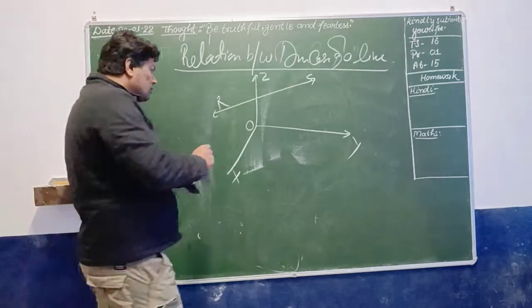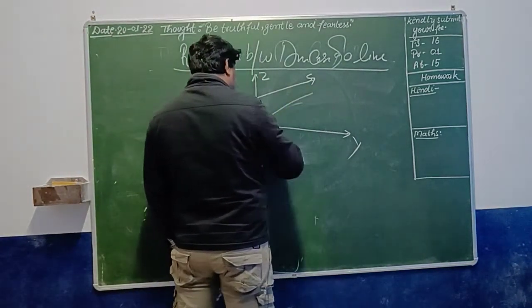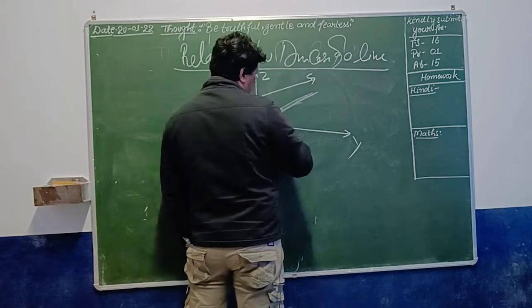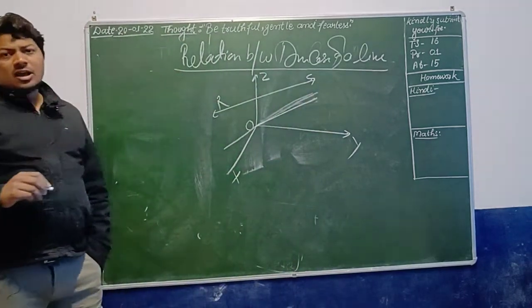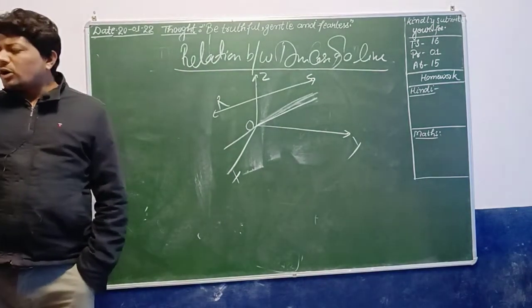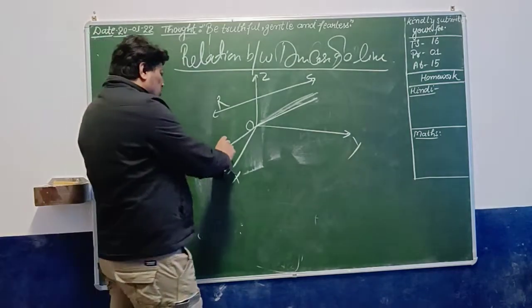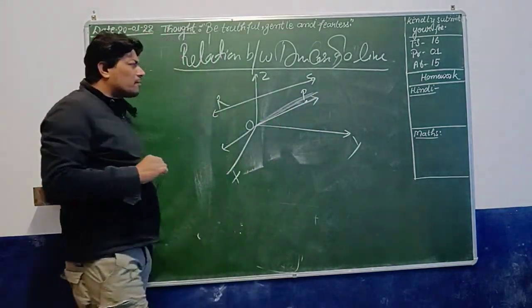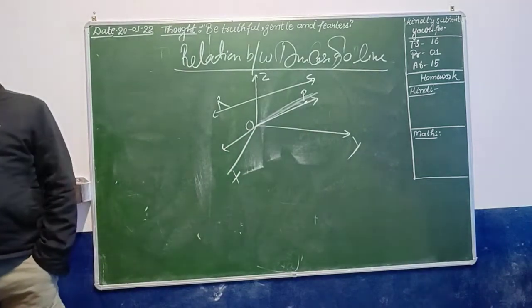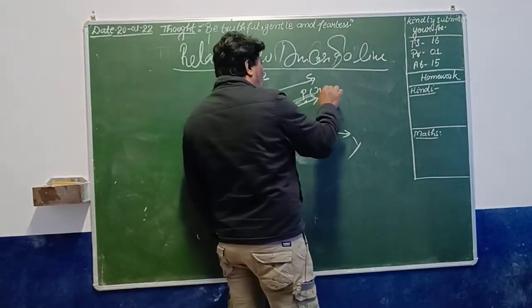You have to draw a line parallel to the given line which is passing through the origin. Now, on this line take a point P with coordinates x, y, z.